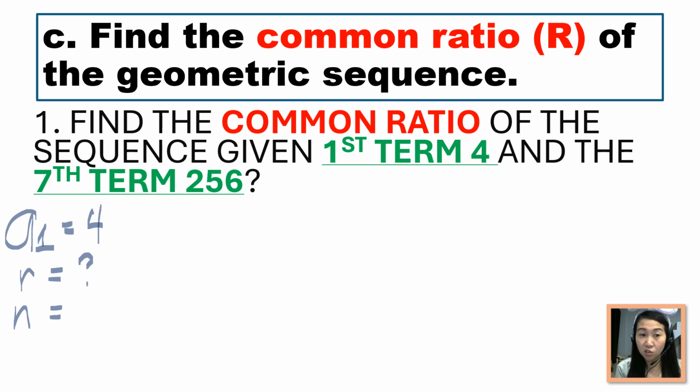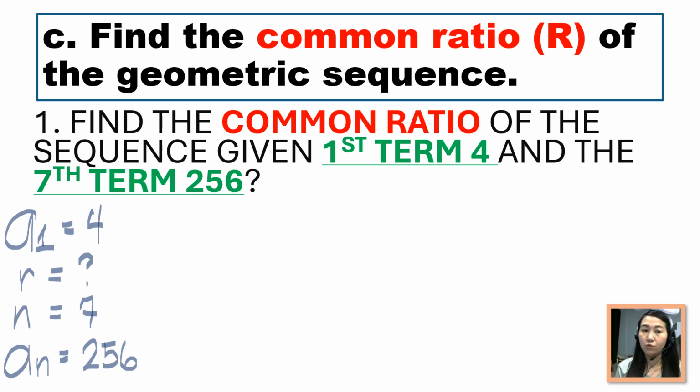Since it mentions that we have the seventh term as 256, it means that we are talking about 7 terms. So the value of n is 7. And what is the value of our a of n, or the last term? Our last term is 256. So we are done with step number 1.